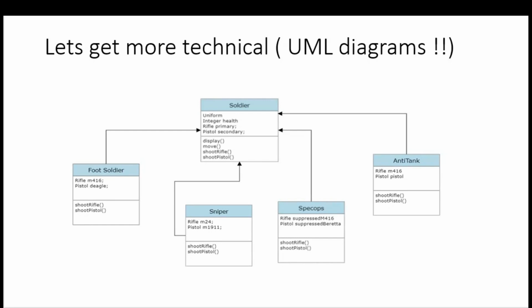We will have these specific classes of soldiers that inherit the base soldier class, and they are going to have their own varieties of weapons that are specific to their use.